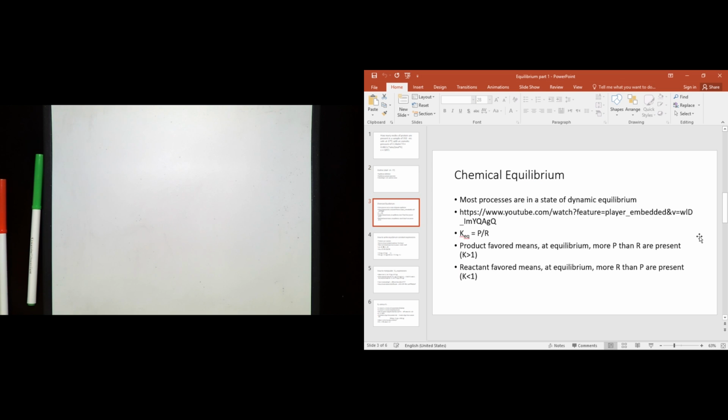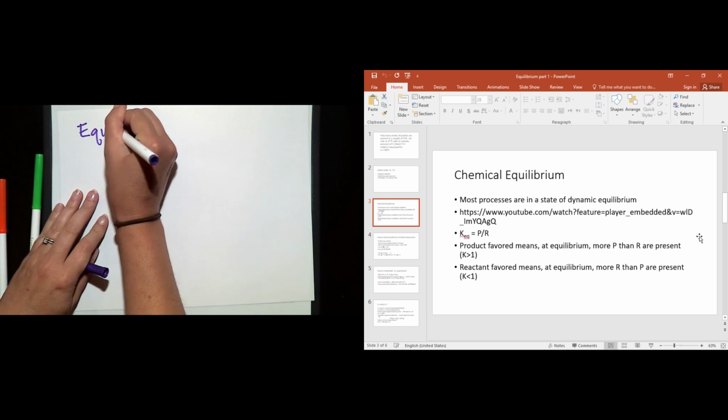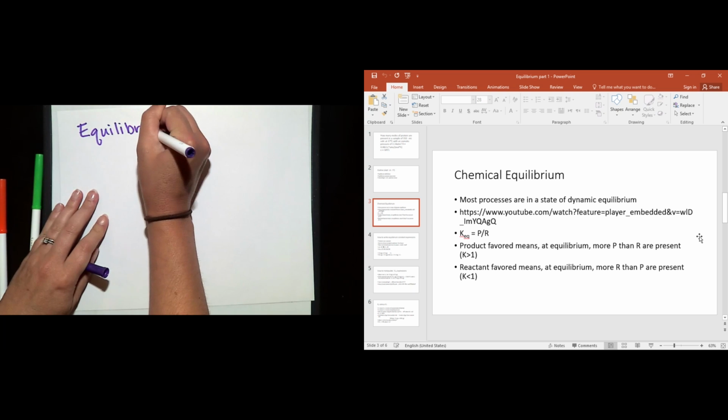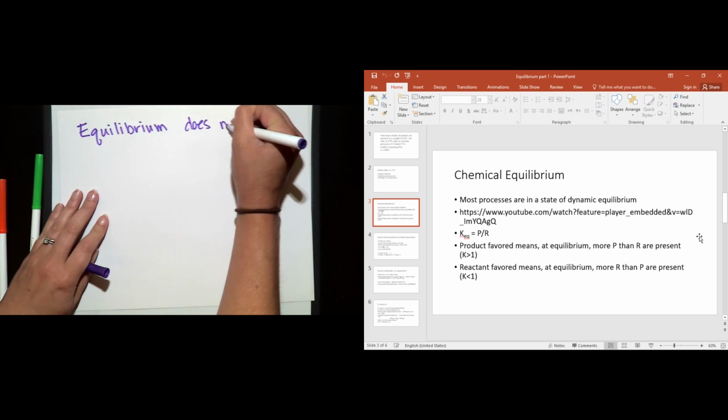All right. Almost all processes are in a state of what we call dynamic equilibrium. Dynamic means it's always changing. Equilibrium means it's reached some kind of overall stasis. So, equilibrium is defined as... equilibrium doesn't mean nothing changes.